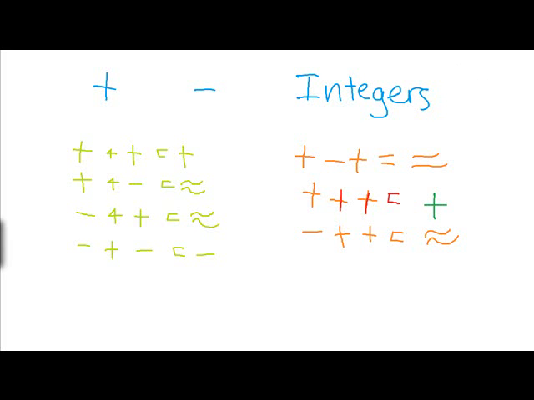Anyway, and then the last one, negative minus negative. Negative plus positive. I have to say it will vary because you could have negative 700 minus negative 2. Negative 700 plus positive 2 is only going to be negative 698. But let's say that we have something else.